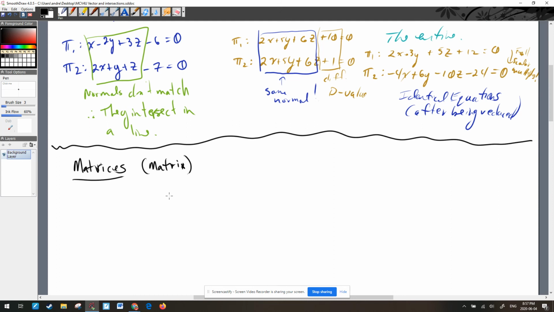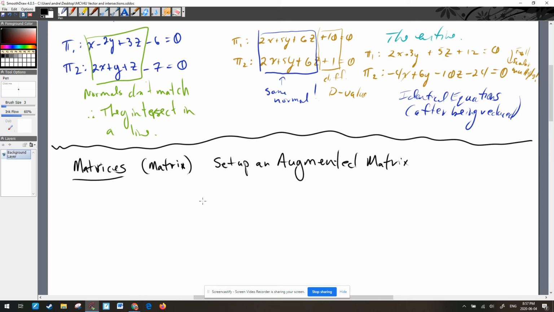So here we go. I'm going to take this system, and a system is when you have multiple equations of the same variables. I'm going to set this system up into a matrix. And so what I'm going to do is set up an augmented matrix, which is like, you're like, run away.